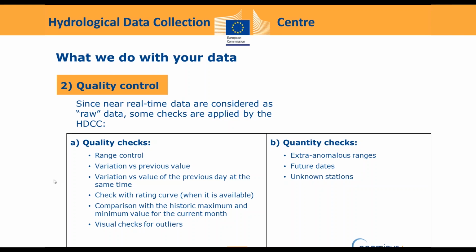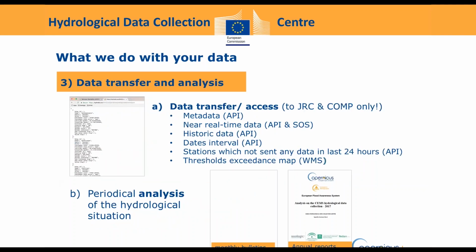And the last procedure we do with your data is the data transfer and analysis. Data transfer or access is only to HDCC and computational center. We transfer metadata through an API, near real-time data using an API and SOS.